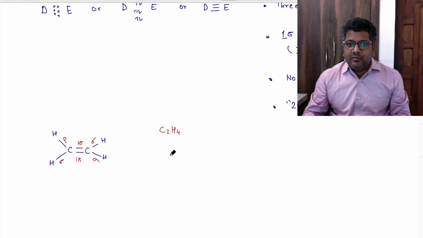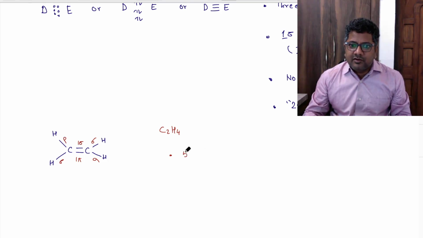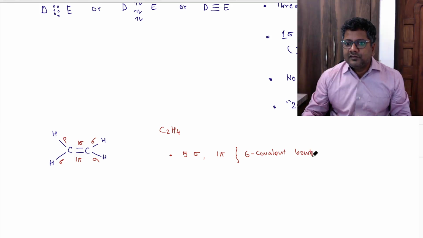So how many covalent bonds are there here? You can say 1, 2, 3, 4, 5: 5 sigma bonds are there in this molecule. One pi bond is there. So total 6 covalent bonds are there. Right?